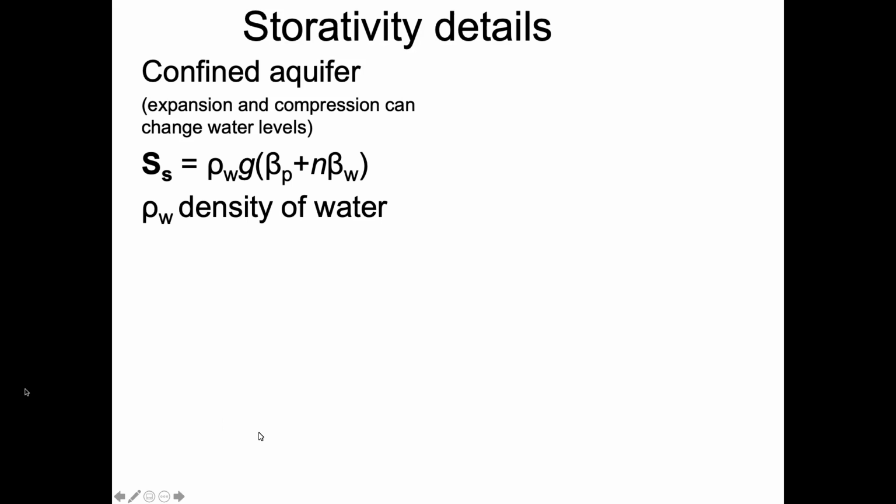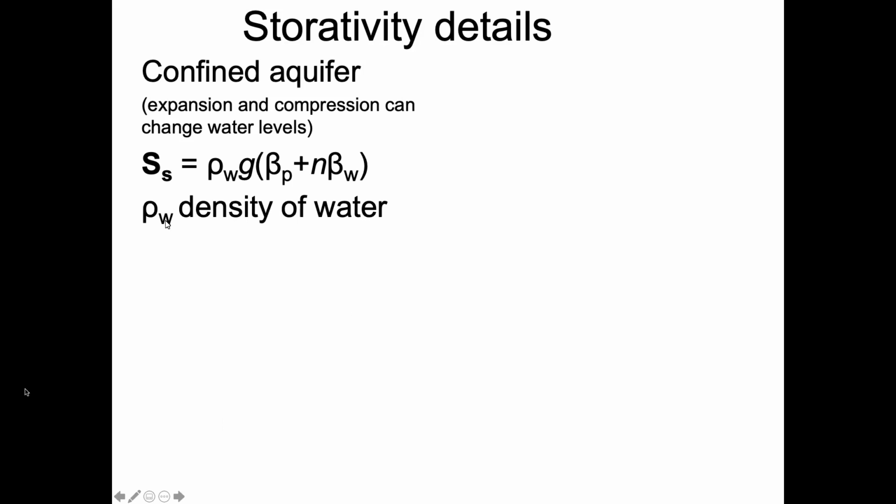For a confined aquifer, remember, expansion and compression are what can change water levels and what can allow for water to be given up in a system. So if we think about our specific storage here, we can think about it as being properties of this expansion and the compression. So let's walk through these.